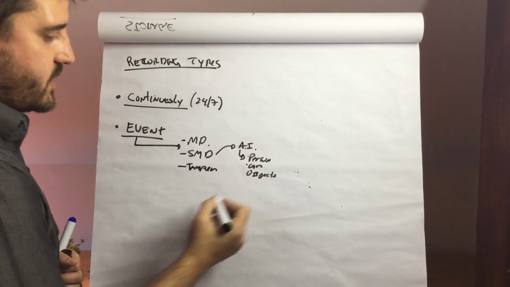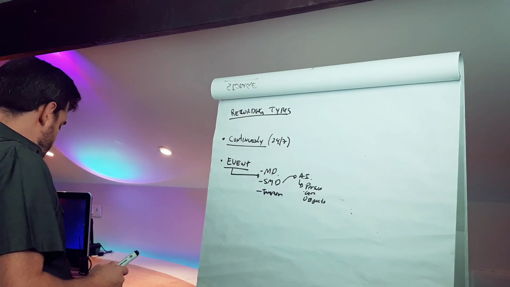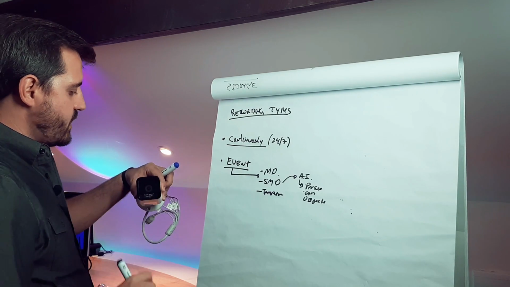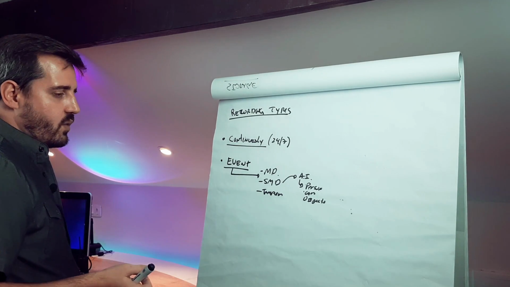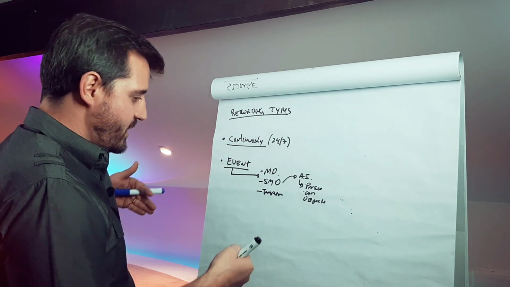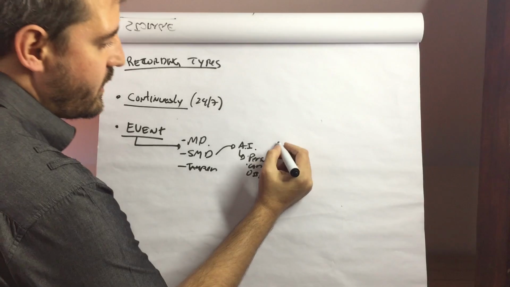Then the tamper event: if someone shines a flashlight at the camera, or tries to spray something or block the image. This analytic can trigger a recording, of course not on the camera that is suffering the attack, but on other cameras that are pointing there.